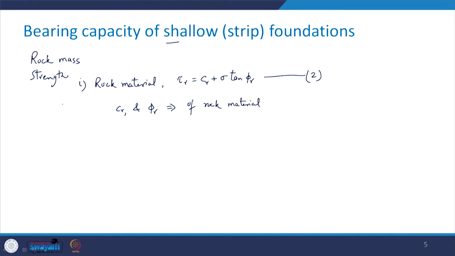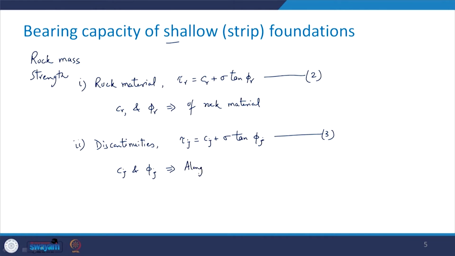Then the second component of this rock mass is the discontinuity. And for that I can again write tau j as Cj plus sigma tan phi j, where this Cj and phi j are the properties along the plane of discontinuity.